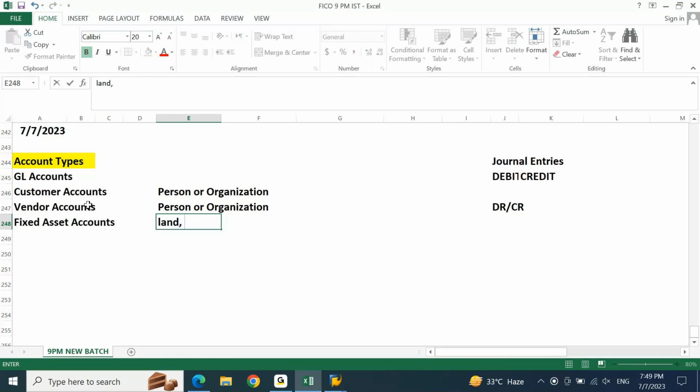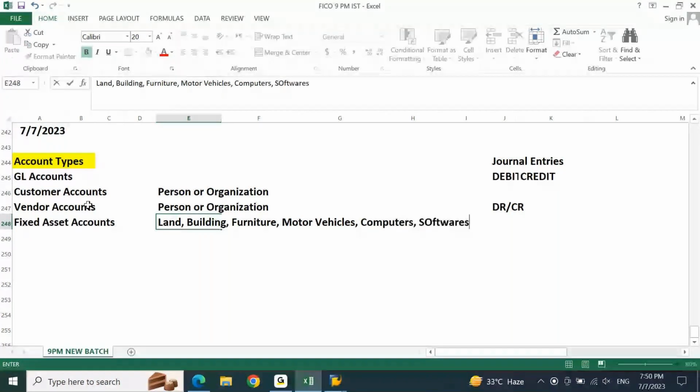land, building, something like furniture, motor vehicles, what else? Computers, software, patents, copyrights.